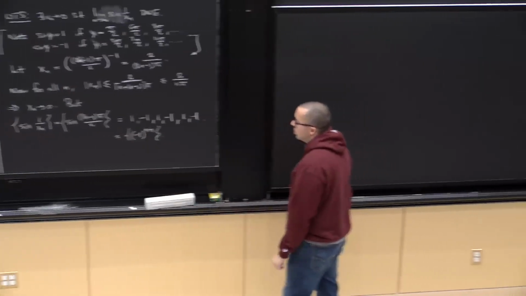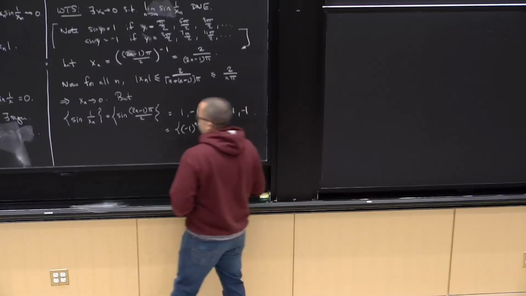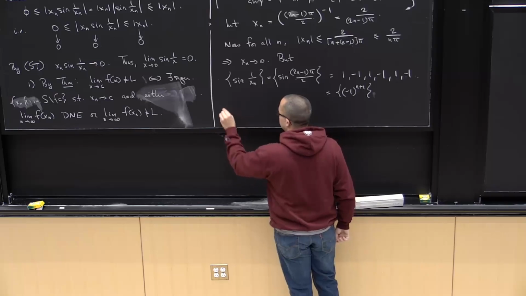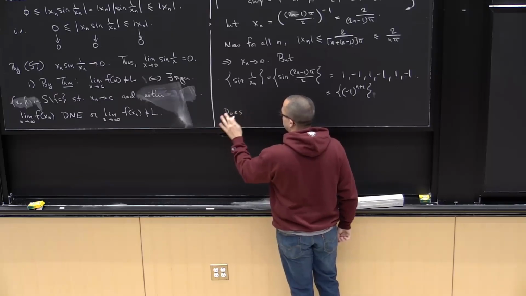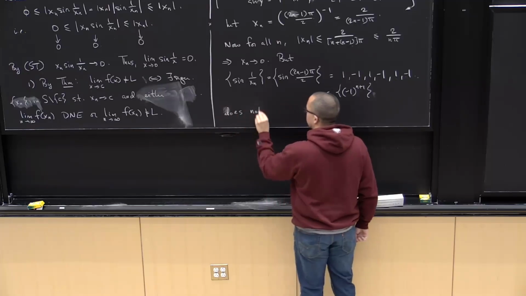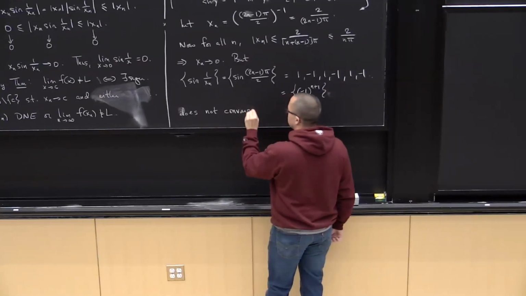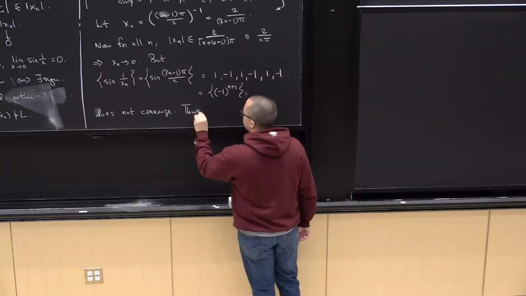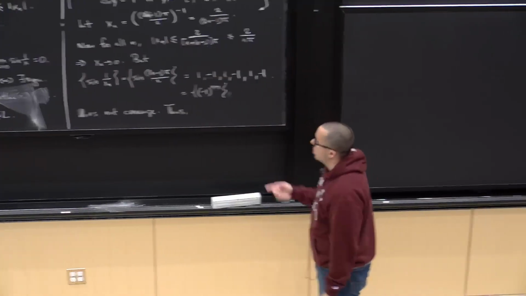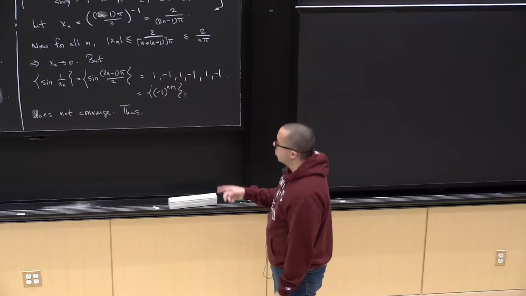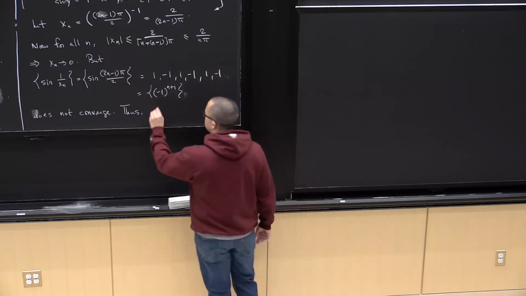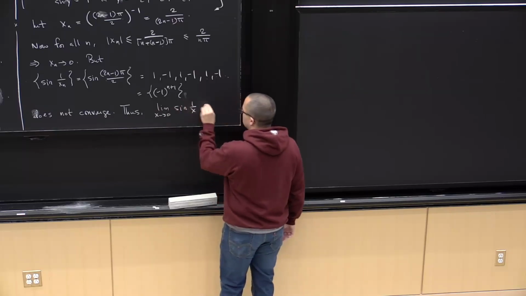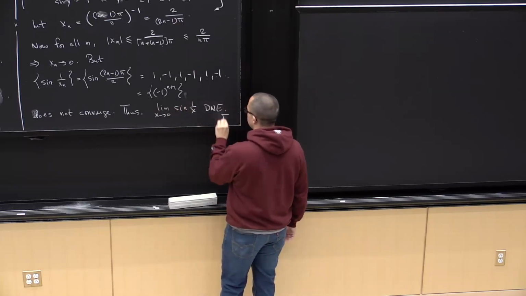And this sequence, which is just equal to minus 1 to the n plus 1, does not converge. Okay? So we found a sequence converging to 0 such that when I stick it into the function, that new sequence does not converge. So we've proven that this limit does not exist.